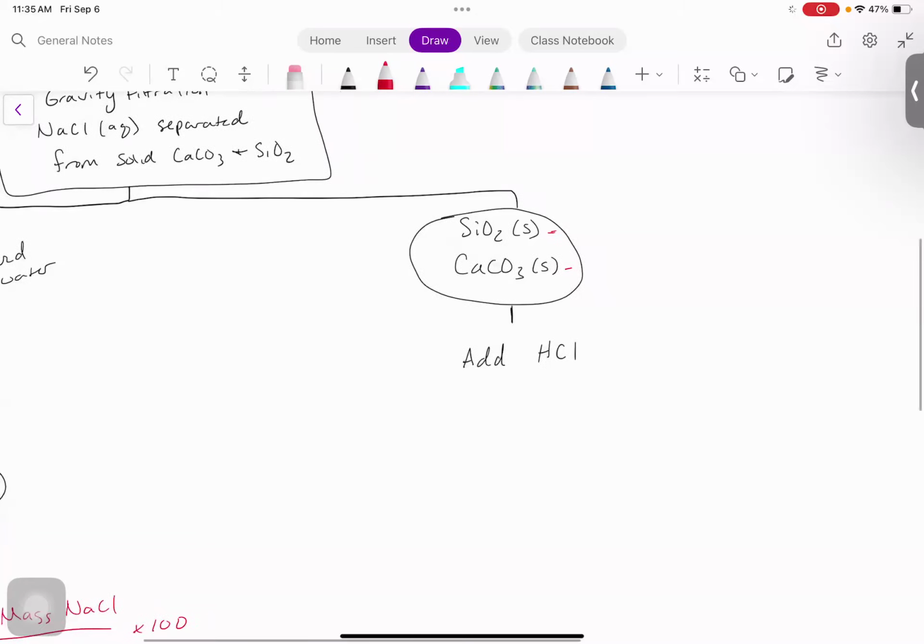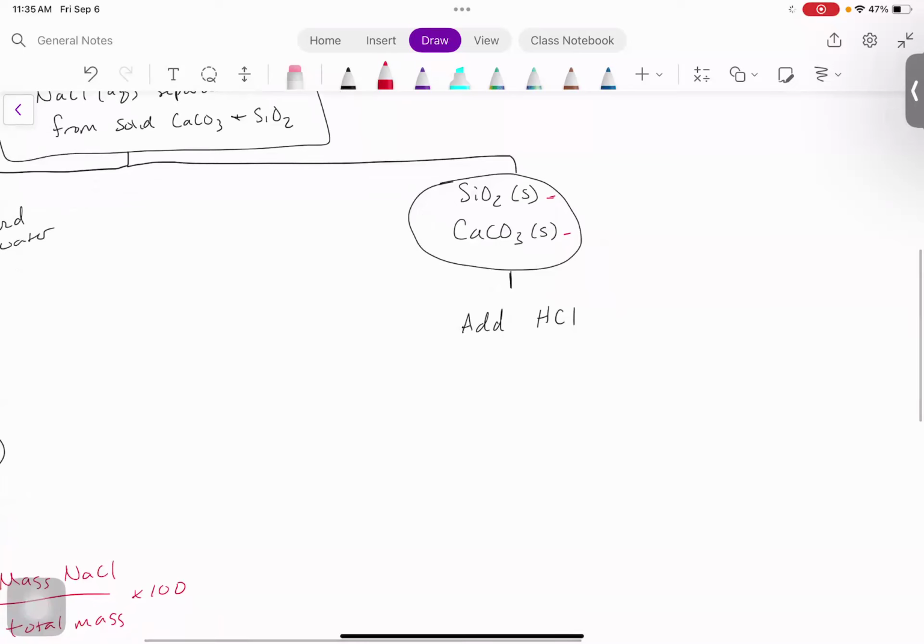So you recorded observations of what happens when you add HCl to silicon dioxide and what happens when you add HCl to calcium carbonate. So we should know which of these components is going to react and which will not based on those observations. So when we add HCl, one of our substances reacts.